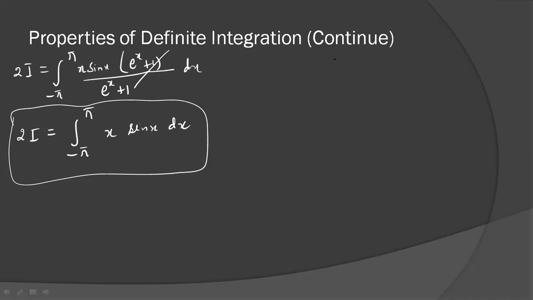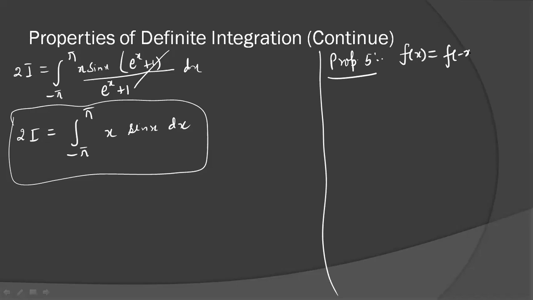The property is even and odd function. Property 5. I told you what is an even and odd function. You can see my lecture 14. I have discussed that when f(x) is equal to f(minus x), it is called an even function, and when f(minus x) is equal to minus f(x), it is called an odd function.